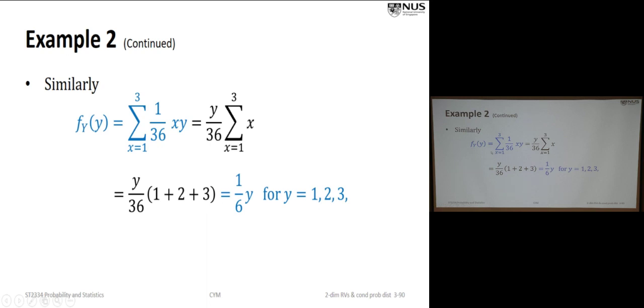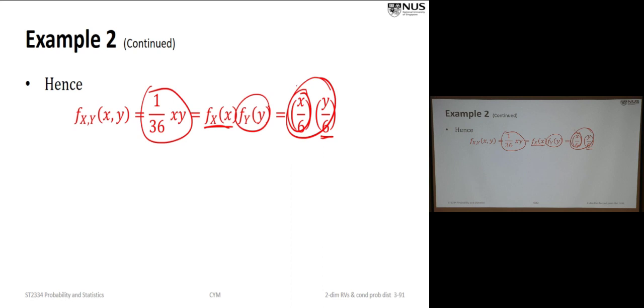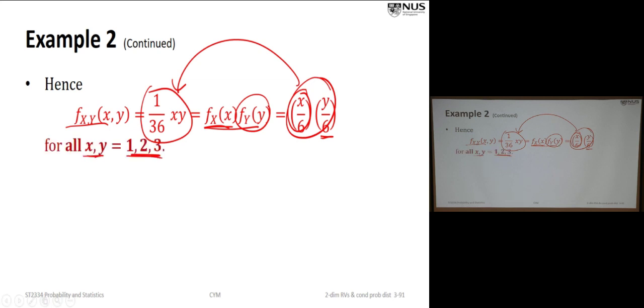So now I check. f of xy is equal to 1 over 36 times xy, and f of x is x over 6, and f of y is y over 6. And this product is equal to this one. So f of xy is equal to f of x times f of y for all x and y equal to 1, 2, 3.